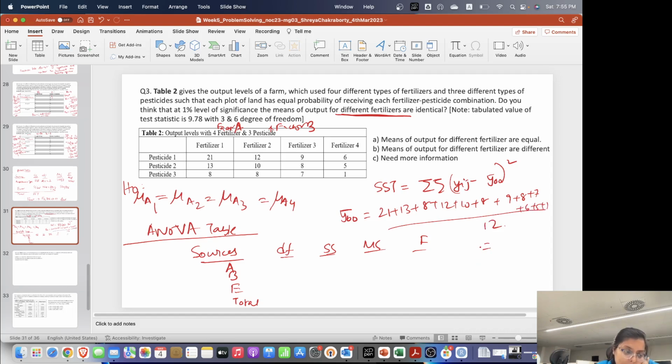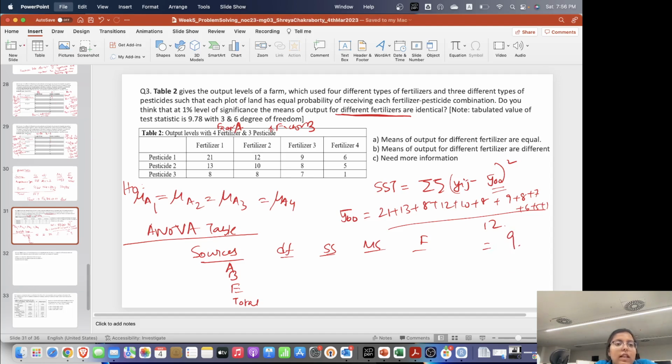It is 9. Okay. Y naught naught bar is the grand mean, so the grand mean is 9.